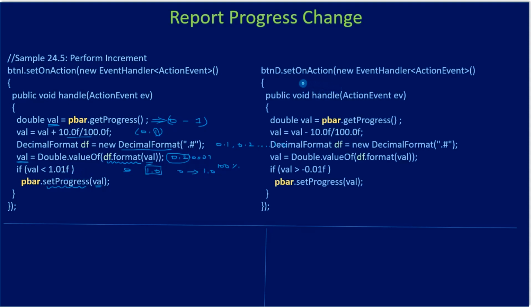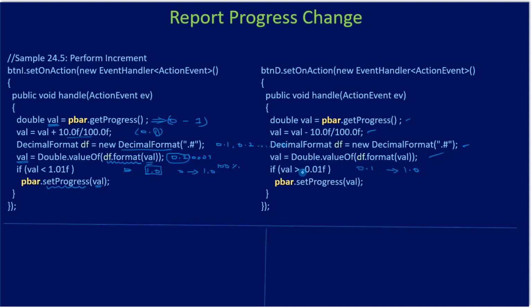Next, if you see the button decrement setOnAction, we are getting the progress value. So here we are doing the plus and here we are doing the minus. That's the only difference. And in the condition we are checking the value should be greater than 0.01. That means what we are allowing is from 0.1 to 1.0.